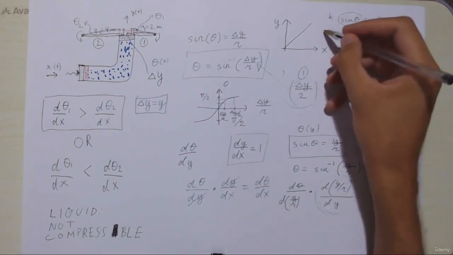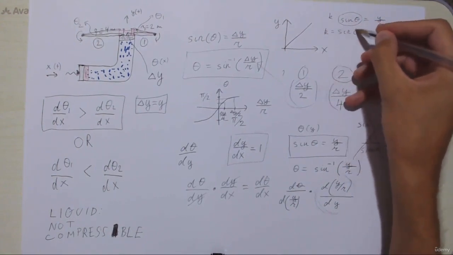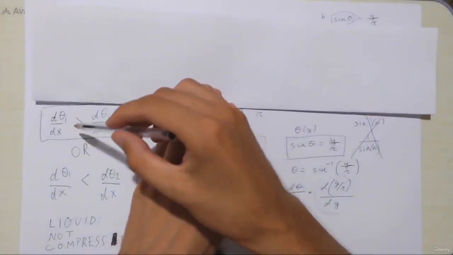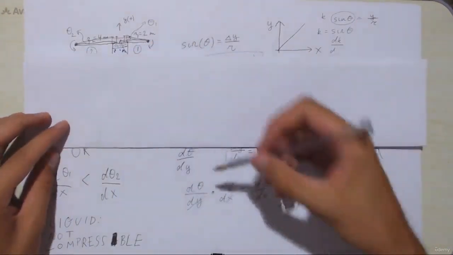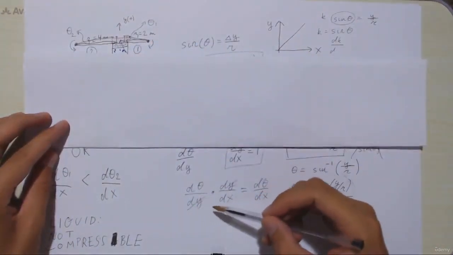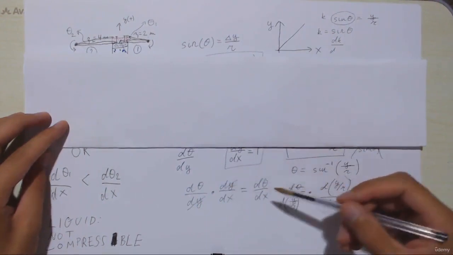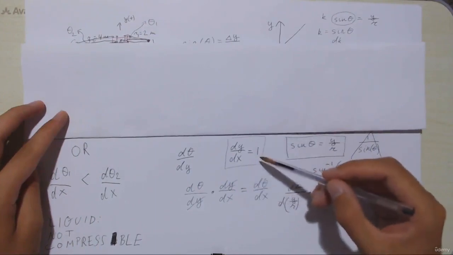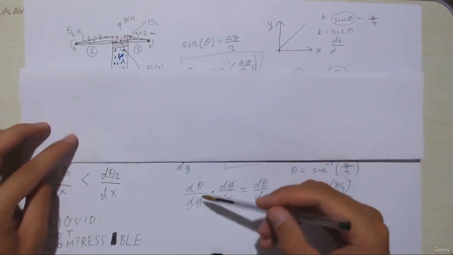So now k equals sine theta. In order to prove whether this is true or this is true, we need to know something about d theta dy, right? And we already know dy dx. We know that in our example, dy dx was 1. Now, we have to have an idea for d theta dy.